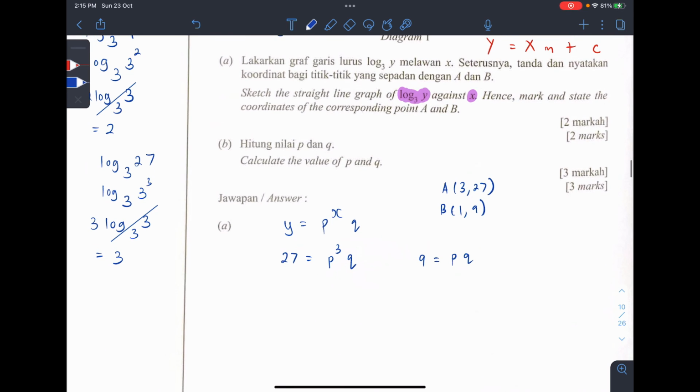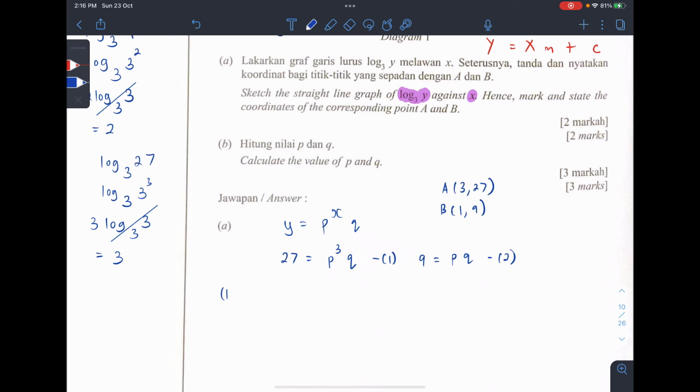Right, so just use simultaneous equations, guys, to get the value of either p or q, right? In this case, I'm just going to call this equation number 1, and this equation number 2, okay? And I'm pretty much going to divide them. I'm going to divide equation number 1 by equation number 2.